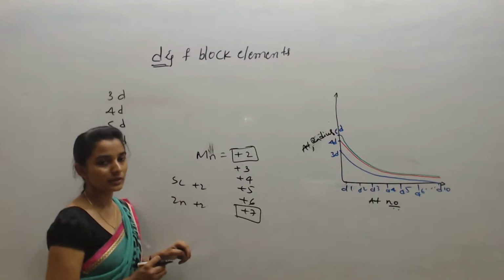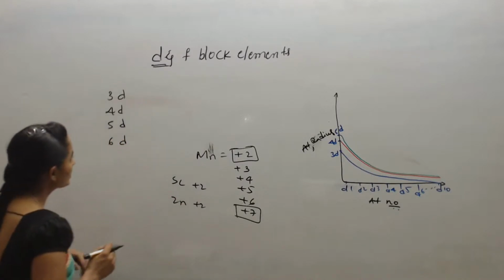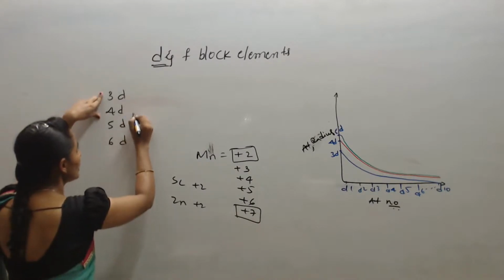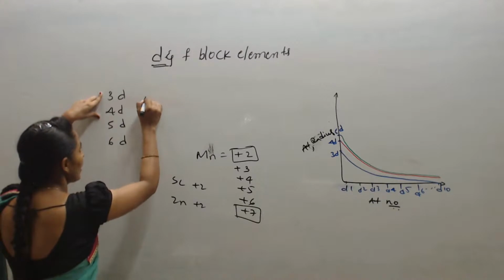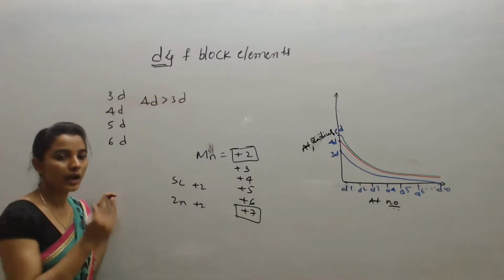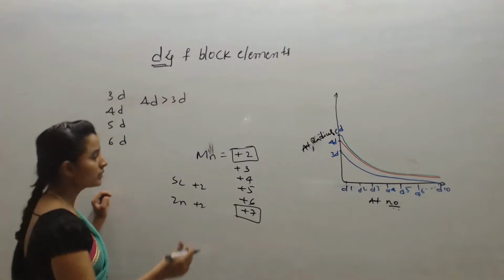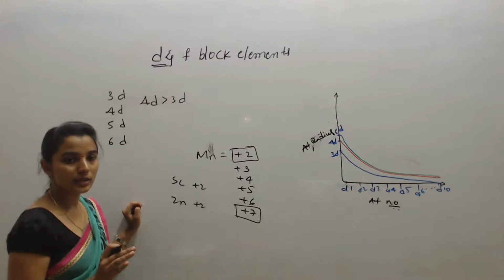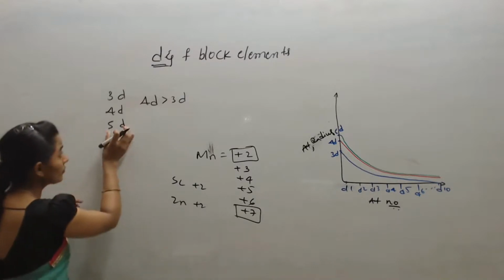Okay, so next, students, as we come to the group, of course, in 3D and 4D, the 4D series has greater size compared to the 3D series. Along the group, size must increase. So the 4D series has a greater size than the 3D series. But what happens to 5D and 4D?